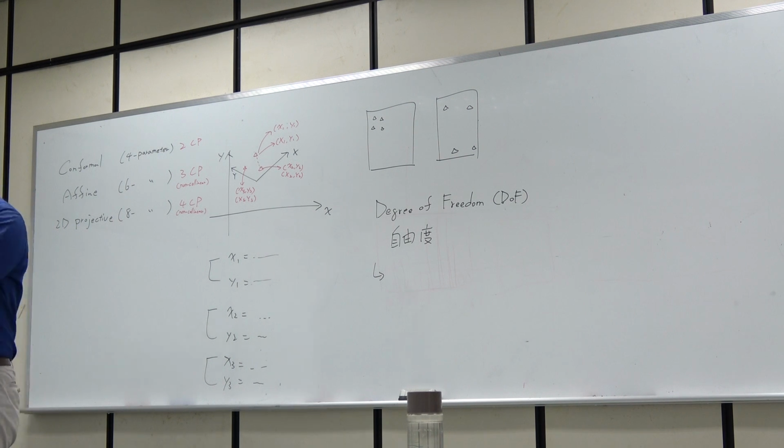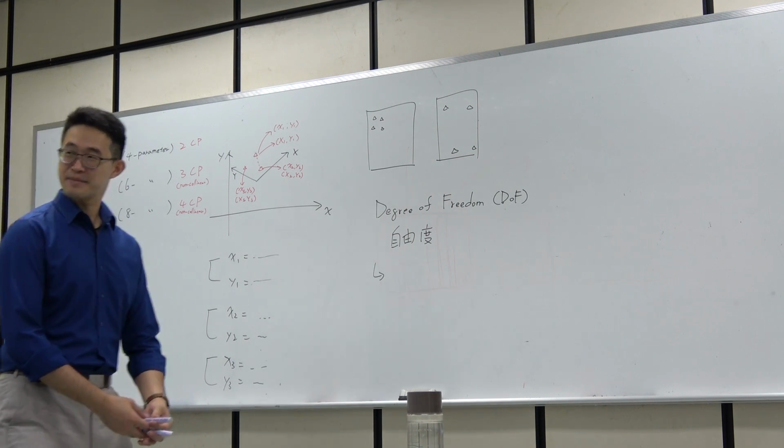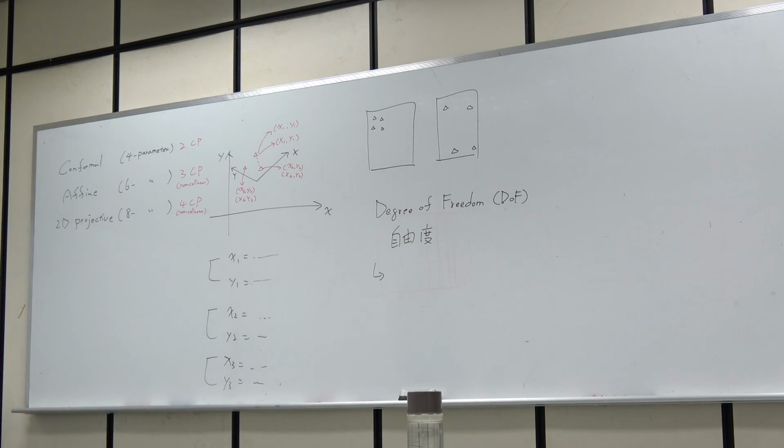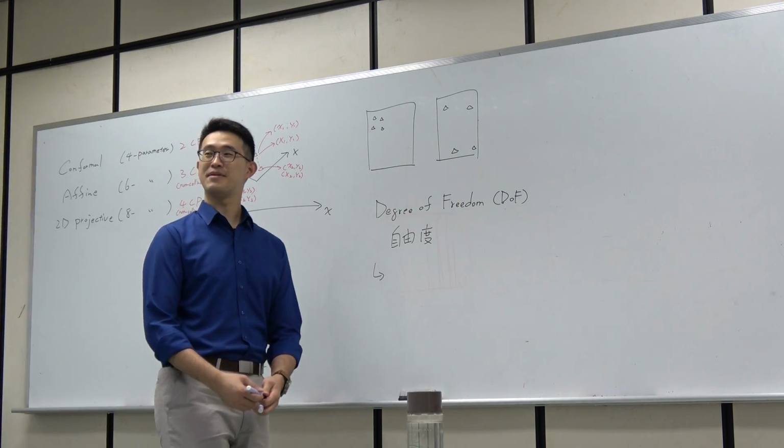The relationship between the observation and the object distribution. No. Number of observations minus unknowns. Number of unknowns.